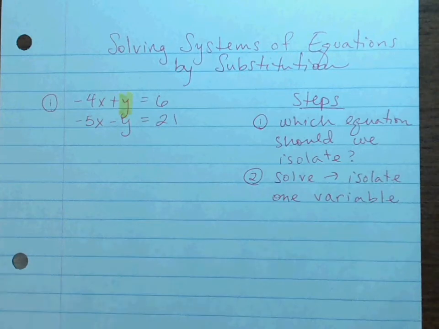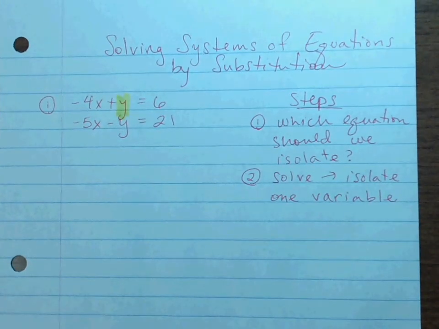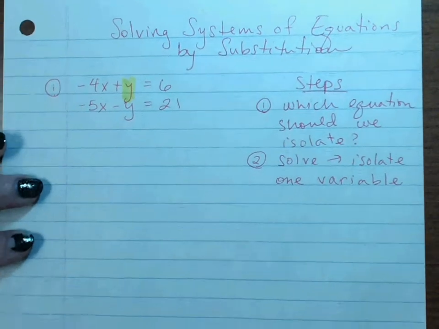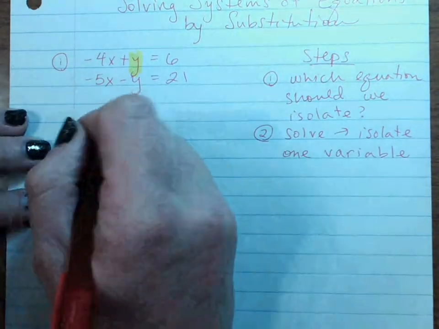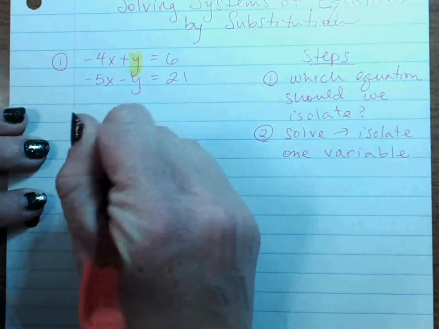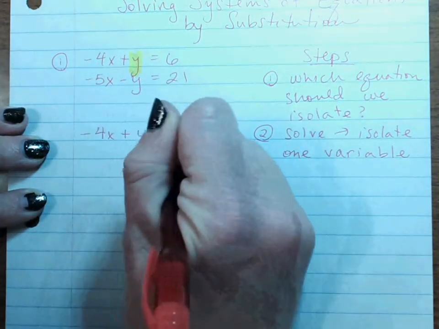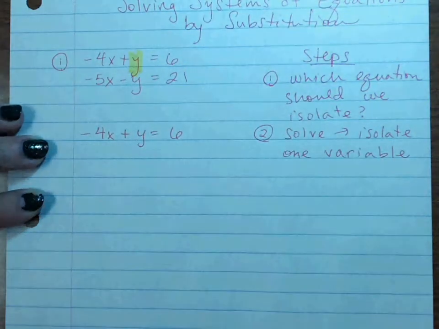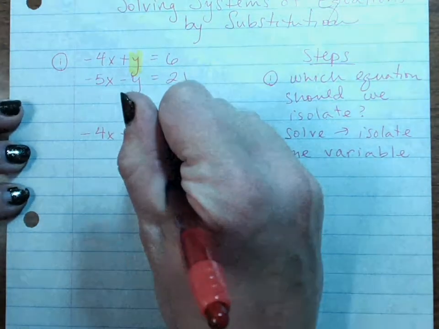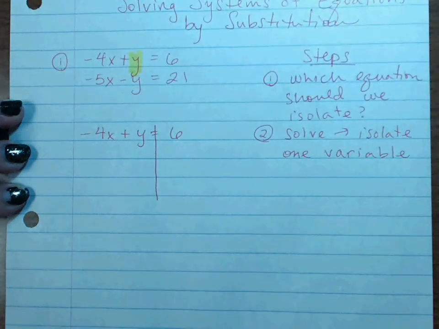Now it doesn't matter if you isolate an x or isolate a y, both will get the job done. Do whatever is going to be the easiest. So for step two, I'm going to take our original equation, negative 4x plus y equals 6, and what's the only step that I need to do to get y alone? Add 4x.